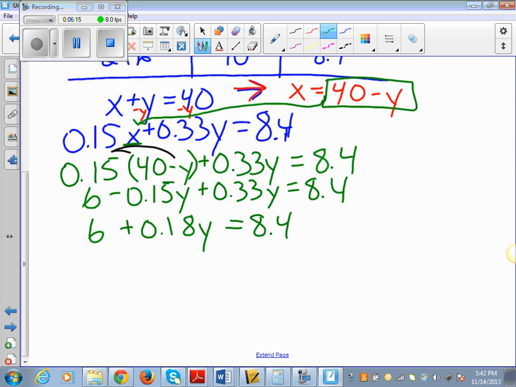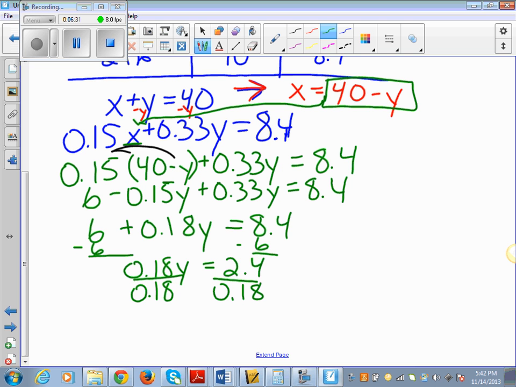Now we're going to subtract 6 from both sides to start getting y by itself. We get 0.18y is equal to 2.4. So our last step for y is to divide both sides by 0.18 so that y is by itself here.